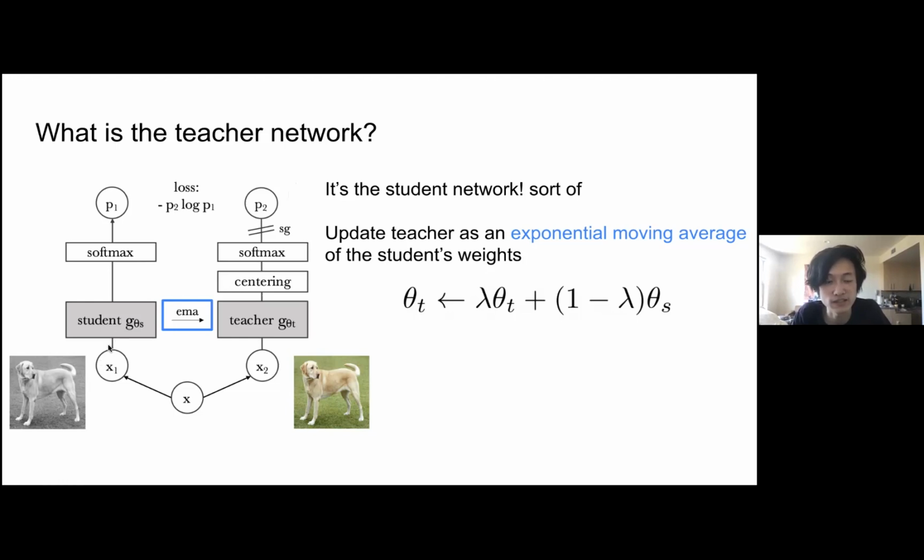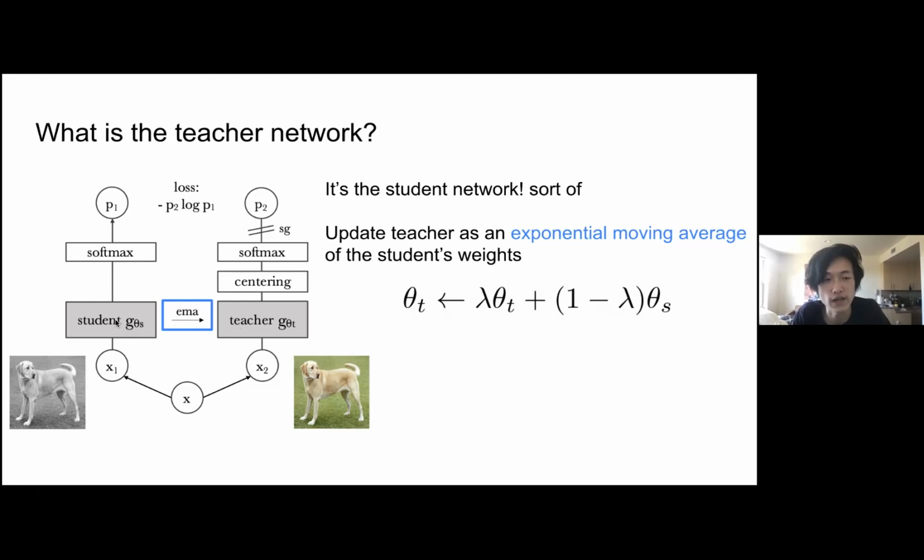And so when the student sees a similar view of the dog, but not the same view, it tries to learn some representation, which in this case means trying to match the similarity of that representation to that output. It's learning that this thing should be similar somehow to this other thing that it didn't see, which is kind of weird and trippy to think about. But it's trying to learn some generalizable thing about this, and it's supervised in a sense.